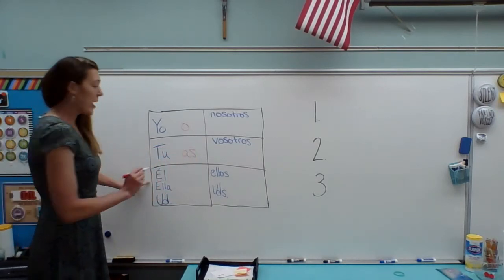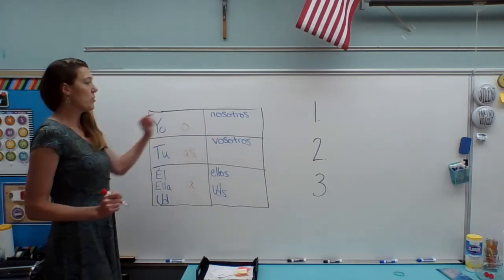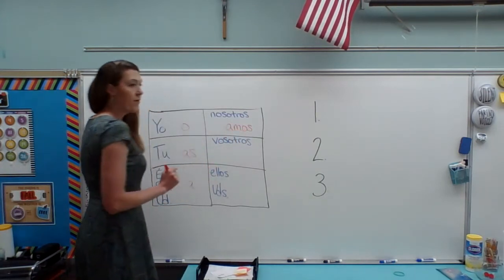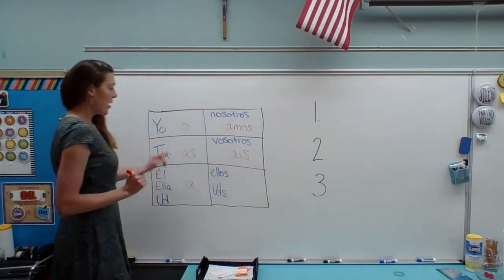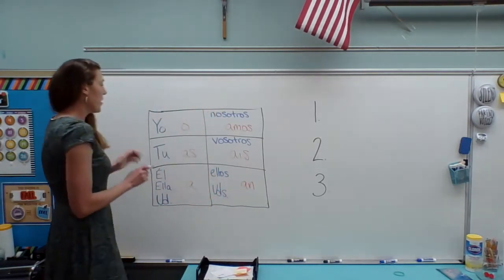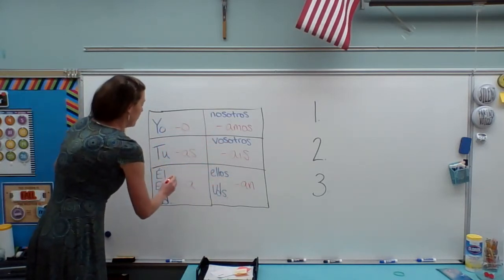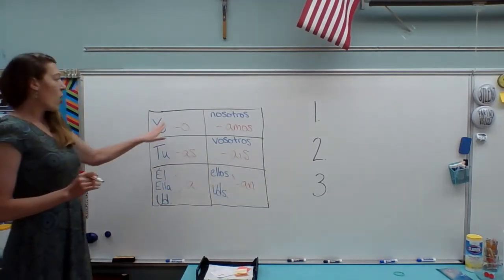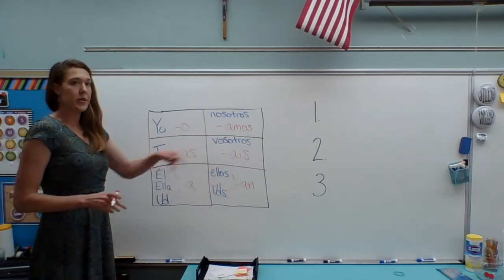Él, ella, and usted, they all match with the letter A. Nosotros always matches with AMOS. Vosotros always matches with AIS. And lastly, these two, ellos and ustedes, match with AN. Okay, and we go o, as, a, amos, an, áis in Spain.